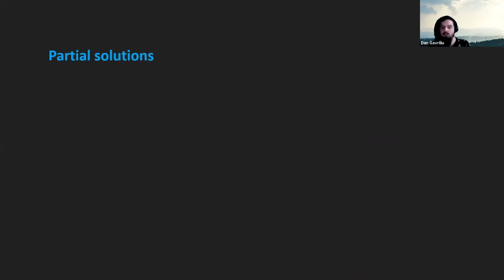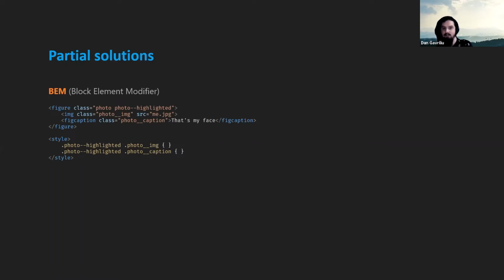There are some solutions that I would consider partial solutions to these issues. And specifically, I'm referring to block element modifier, which is a methodology and a naming convention for writing CSS. This would be some HTML with the respective CSS classes for it.